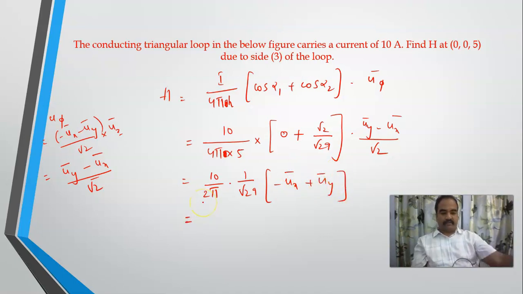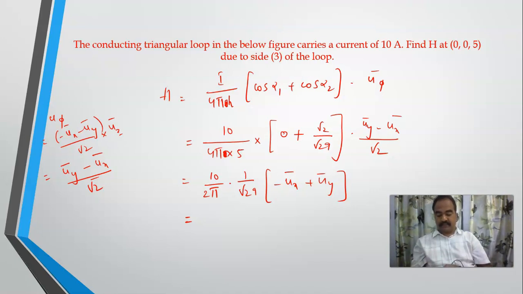So if I calculate it, give me 1 minute, I'll calculate the value. 10 divided by 2 divided by 3.145 divided by 5.385.